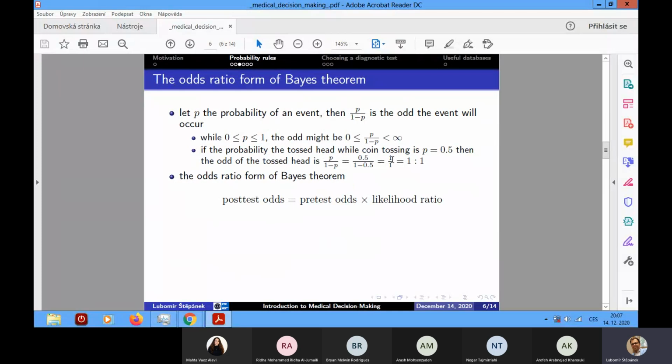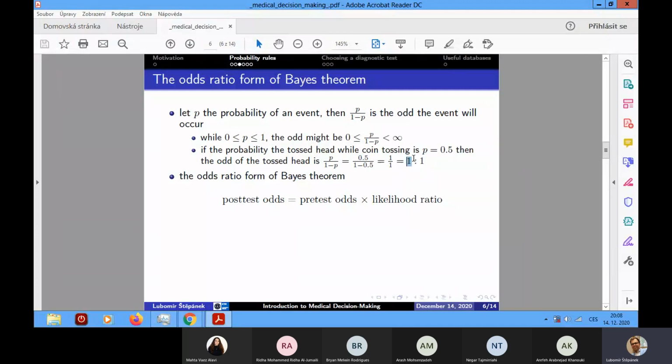And if the probability is equal to 0.5, then the odds that the head will be tossed are p over 1 minus p. That is 1/2 over 1 minus 1/2, which is exactly equal to 1 over 1. It can also be written as 1 colon 1, or simply read as 1 to 1.